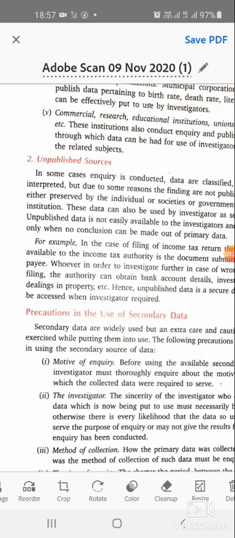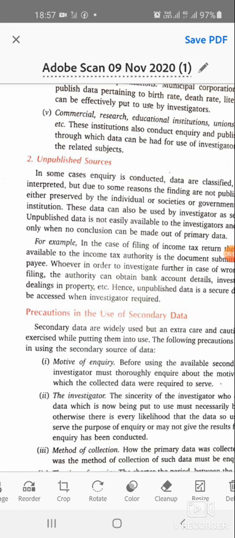Now, unpublished sources of data. Unpublished sources of data are not in print form; nobody has printed them. For example, income tax filed by an individual, or a driving license issued by the Ministry of Transportation in Uttarakhand or Pithoragarh.